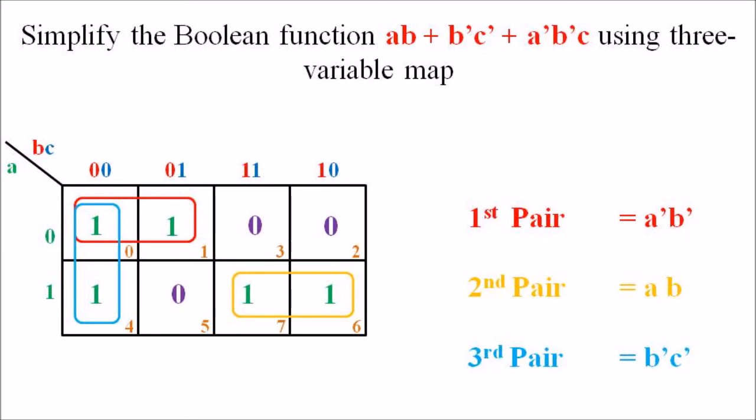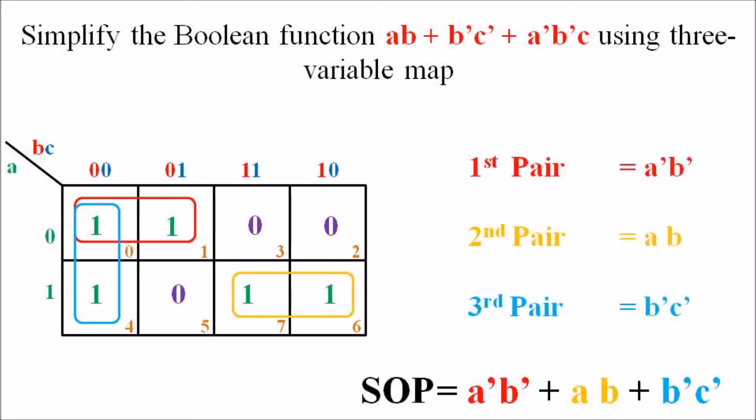Therefore, the reduced form of the third pair is B bar, C bar. Thus, the SOP for the given function AB plus B bar, C bar plus A bar, B bar, C is A bar, B bar plus AB plus B bar, C bar.